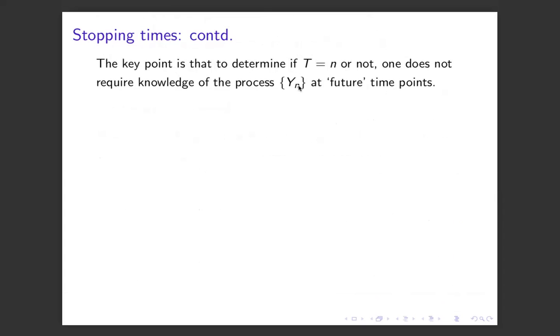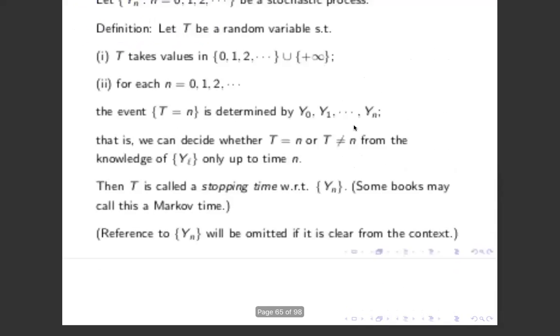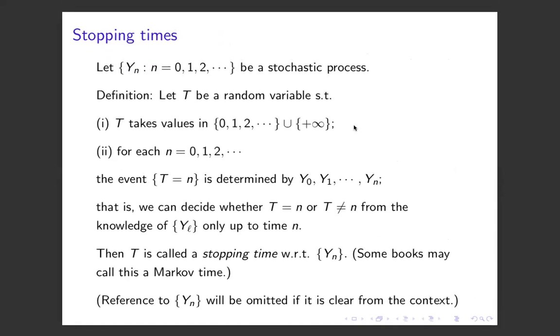Actually, it would have been better to use here, instead of the subscript n, something like L, or L greater than or equal to n plus 1. You need not know.